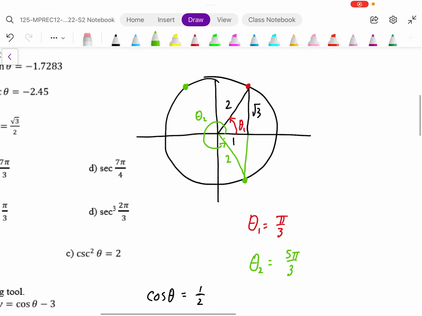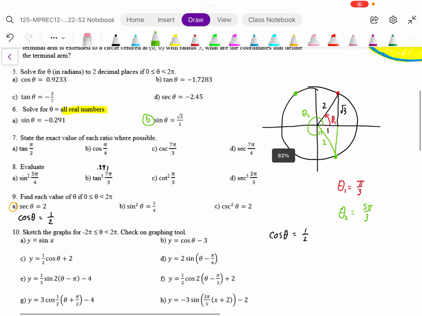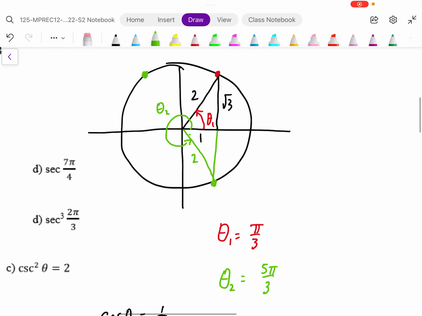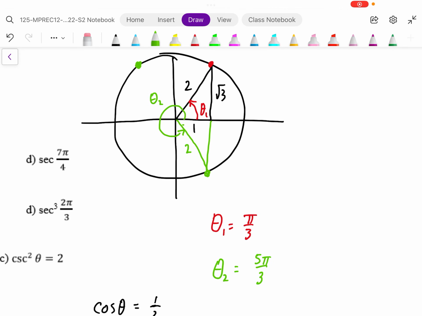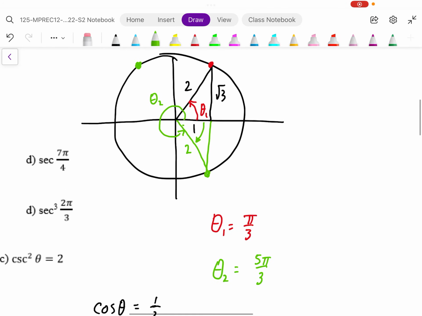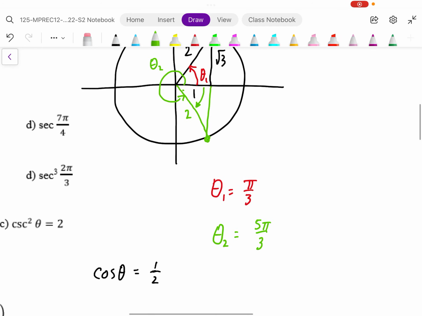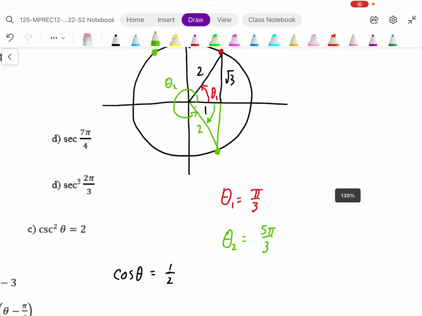Oh no, sorry, this is between 0 and 2 pi. We can't go backwards. Although it's the same as negative pi over 3, we need to go in the positive direction. So we get these two solutions. And since we're only doing one period between 0 and 2 pi, these are the only two solutions. We don't need to show the repetitions in this case.